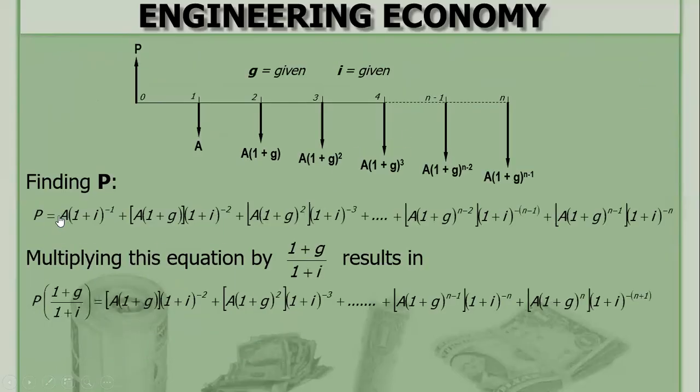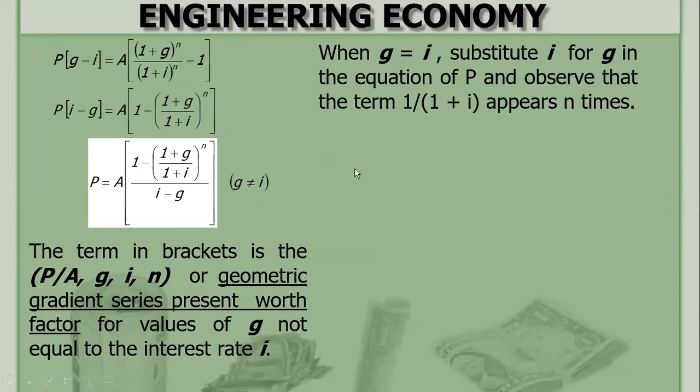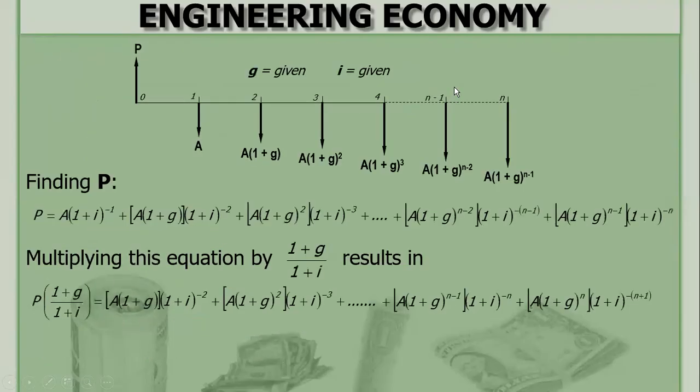Now, going back to this equation of P, if G is equal to I, let's replace G by I. Substitute I for G. So here, 1 plus I raised to negative 1 is the result.